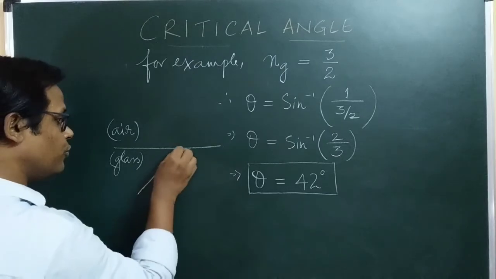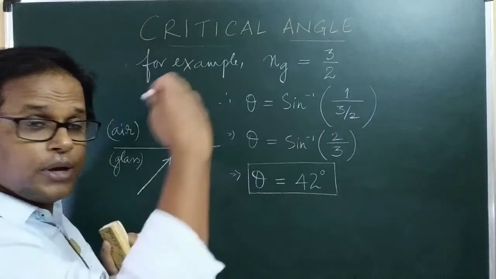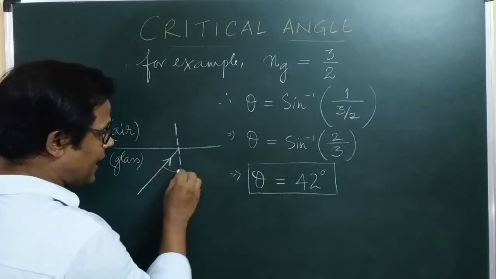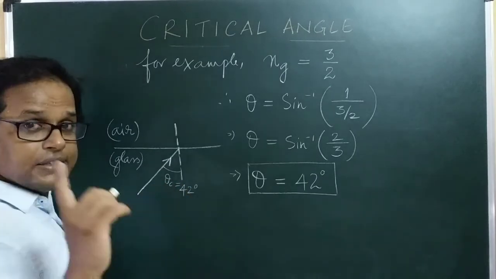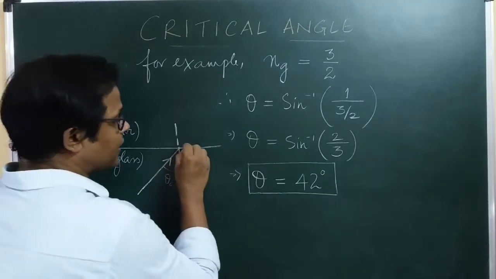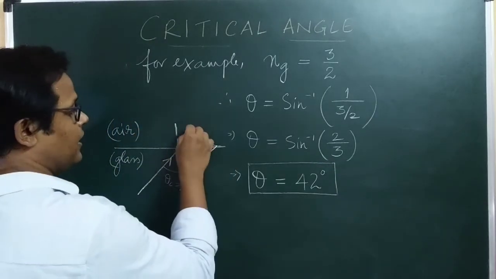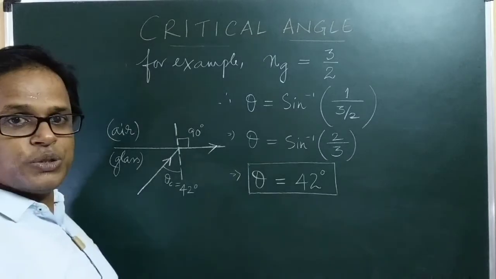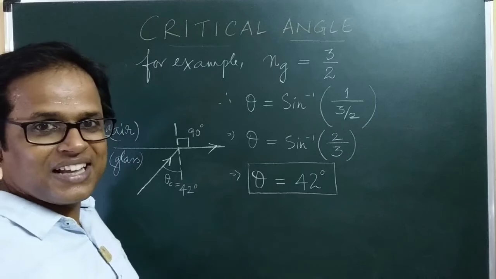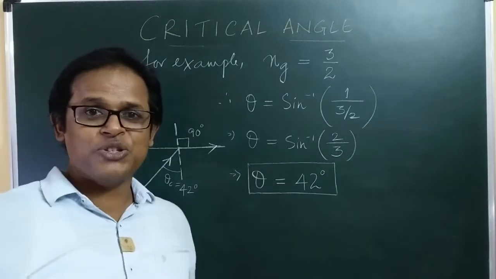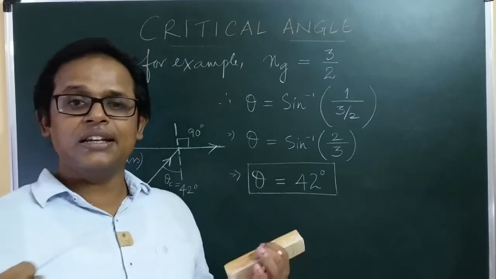So if you allow a ray of light to be incident from glass to air in such a way that the angle of incidence is exactly equal to 42 degrees, then you will find that the refracted ray of light would lie along the interface, creating an angle of refraction equal to 90 degrees. Clear? Once you have understood what the critical angle of incidence is, the next class will be supremely interesting in understanding what is total internal reflection.